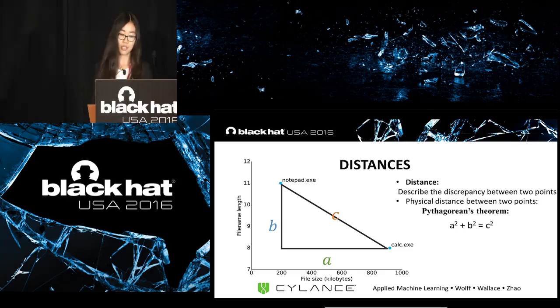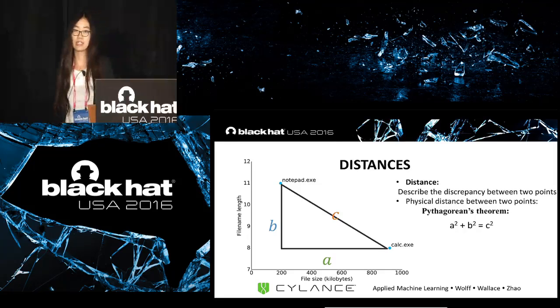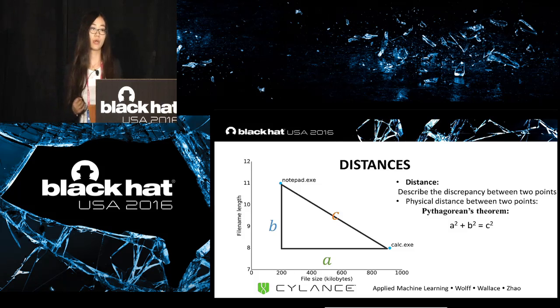Another concept I want to introduce here is distance. Distance basically describes the discrepancy between 2 points, like whether two samples are close to each other or far away from each other. The most intuitive way of measuring distance is the physical distance, like what is my distance to you guys.